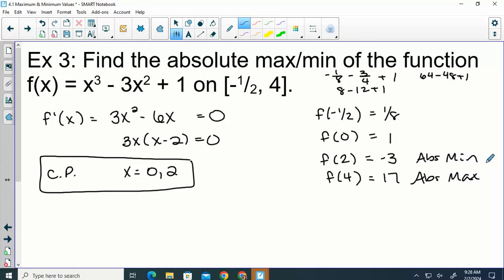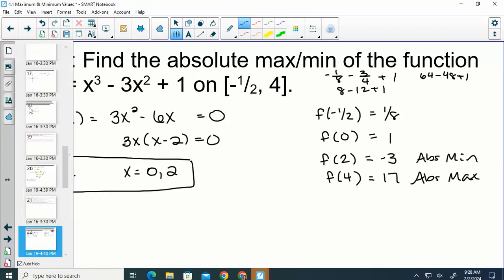We're looking at the highest and lowest y values. I'm going to skip for a minute. Let's go to example 6.